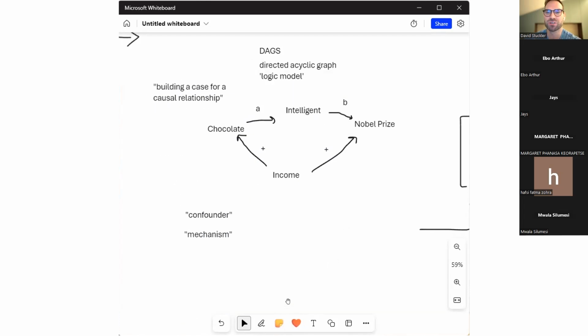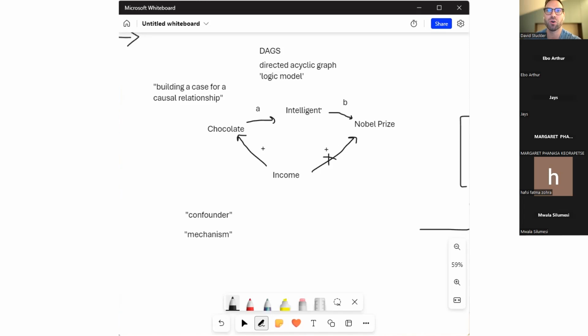Now, what I see so often happen is people say, okay, I'm going to look for the relationship of chocolate with Nobel Prizes, and I'm going to hold constant income. Great. If you hold something constant, you're kind of taking it out of the equation, so income is no longer shaping Nobel Prizes.